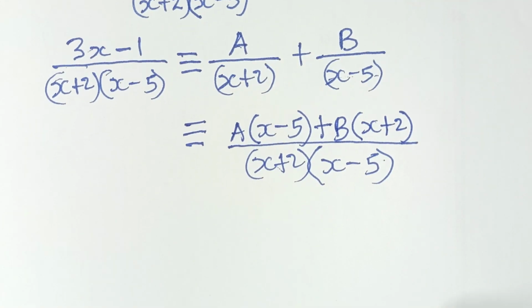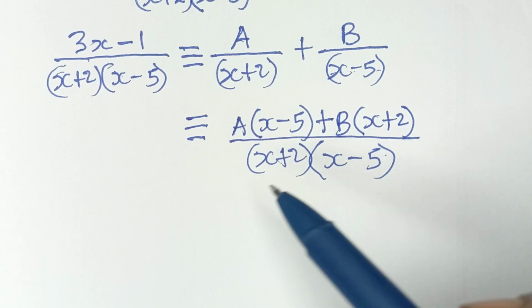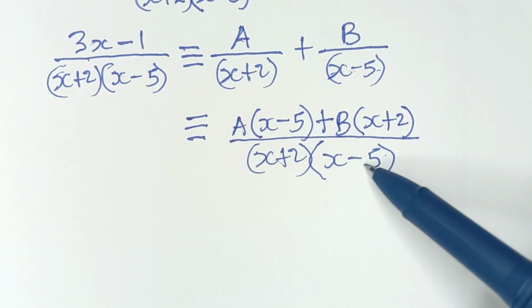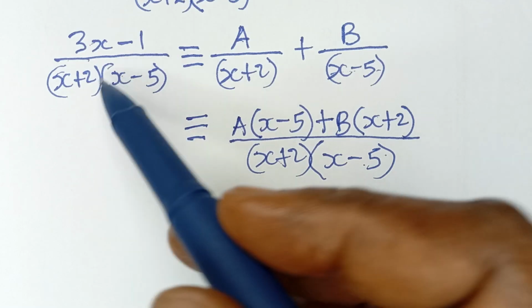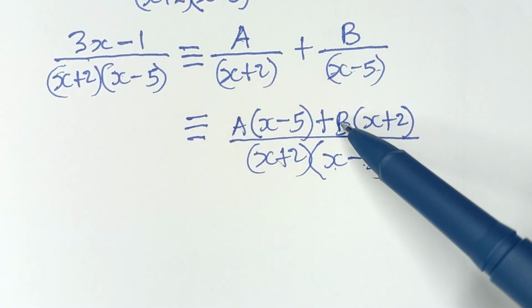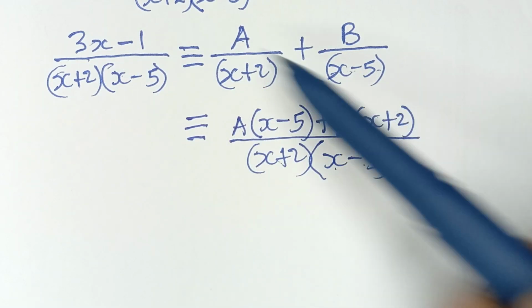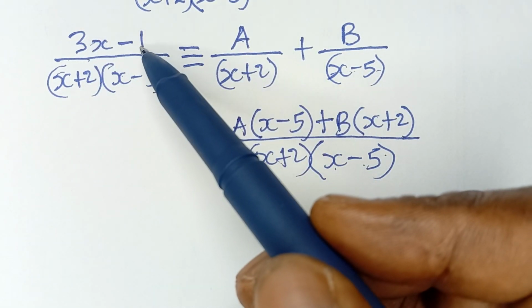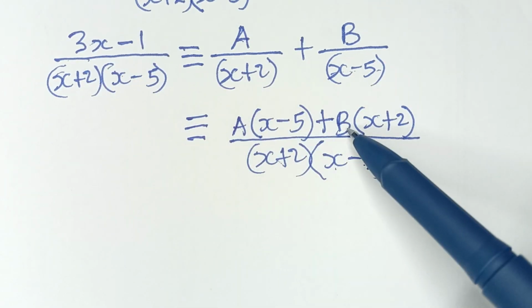So now we can go on from there and simply ignore these denominators. You agree with me that these denominators are now equal, so let's leave out the denominators. Since they are equal, let's now equate the numerators because they are two equal fractions. So we're going to use this numerator to obtain the values of a and b.